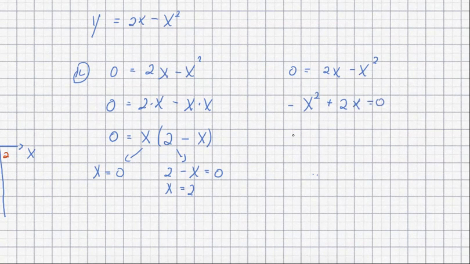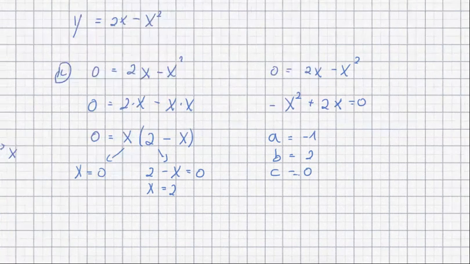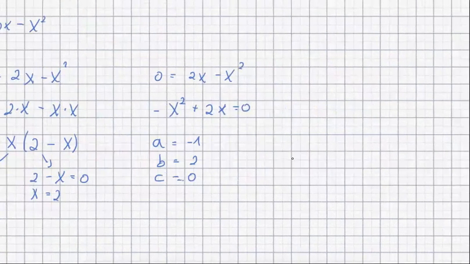A equals minus 1. B equals 2. C is 0. You don't have a C. Okay, and now you can do minus 2 plus or minus the square root of 4 minus 4 times minus 1 times 0, because C is 0, right?